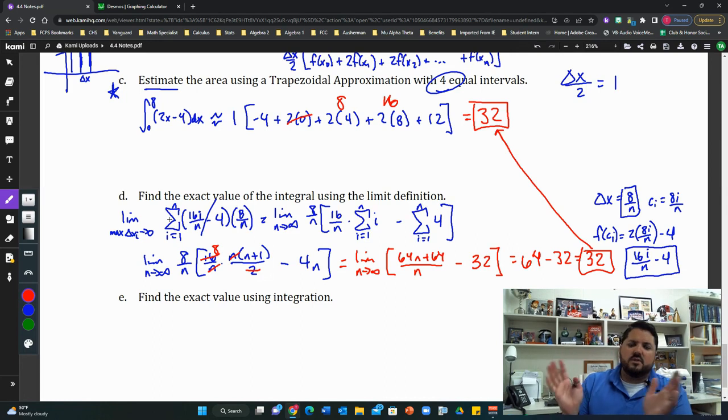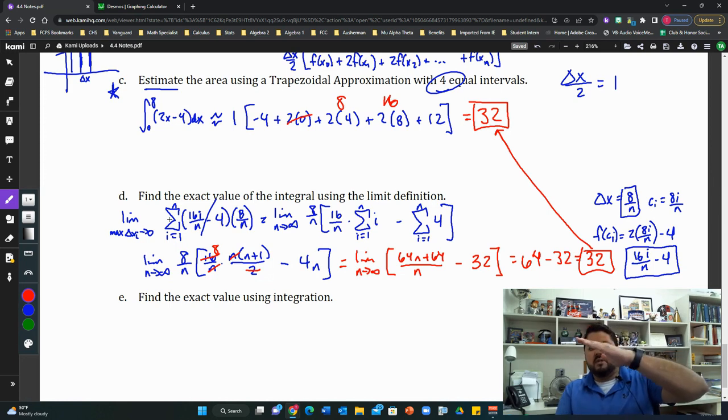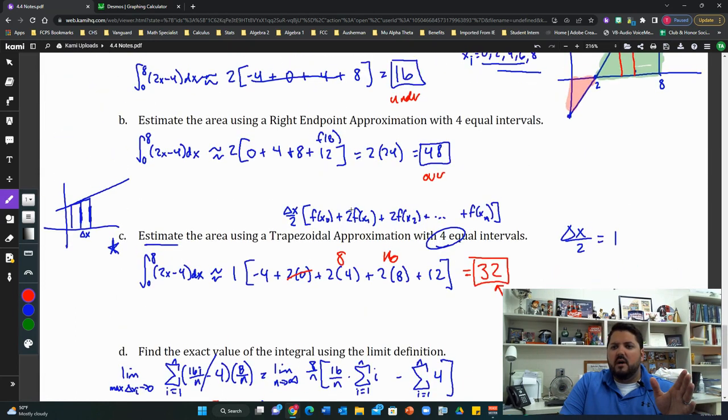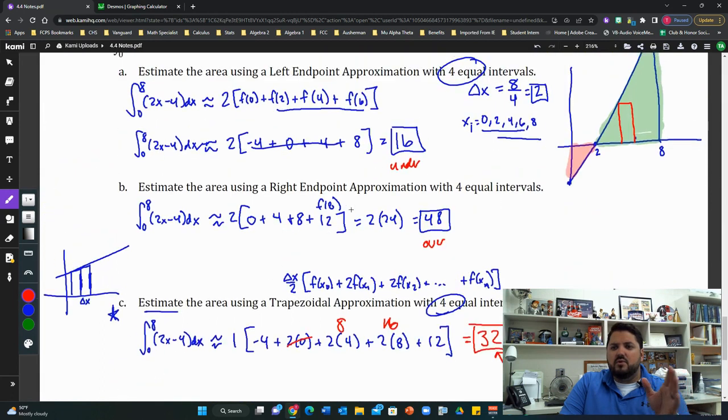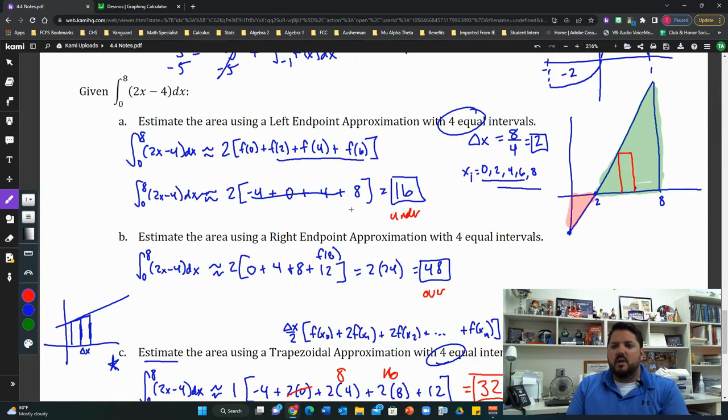So again, just to reiterate, the only reason that estimate is the same thing as the real deal is because our function is a slanted line, which means the region itself really is a trapezoid, which is a little odd to think about. But if you really think about it, I could make both of these entire chunks trapezoids, even though they're triangles.